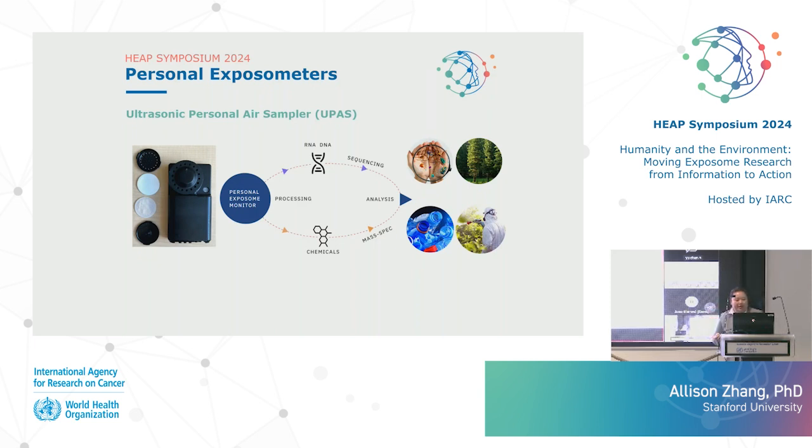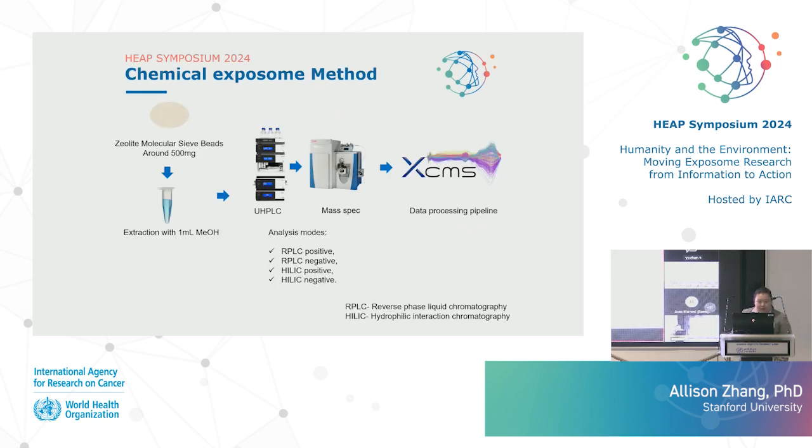That's actually zeolite absorbance beads that collect the chemicals from the air, and then we use that for mass spec analysis. So on the chemical side, we get the zeolite beads from the pouch inside the exposometer, extract the chemicals using methanol, and then go through the mass spectrometry and data analysis using the XCMS pipeline.